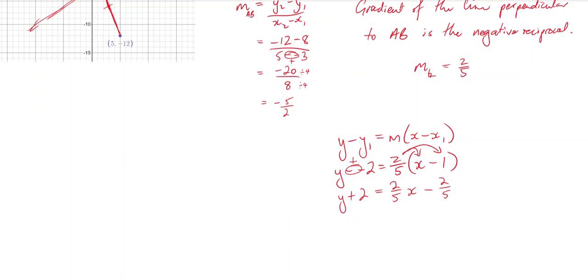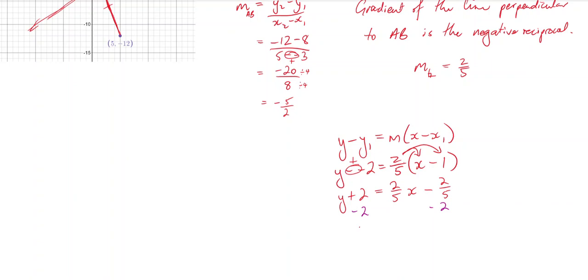And then we just need to go through and rearrange this equation to make y the subject. So we're going to subtract 2 from both sides. It's a constant term that I'm subtracting over here, so it's going to go next to the constant term. I'm not going to put it next to the x term.